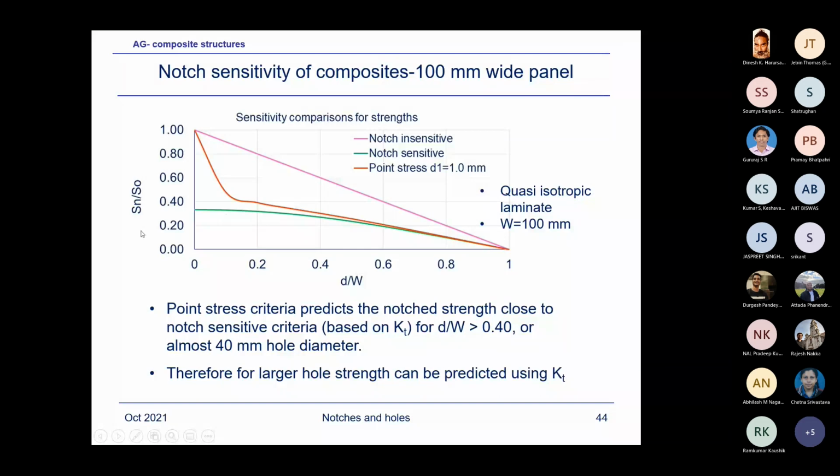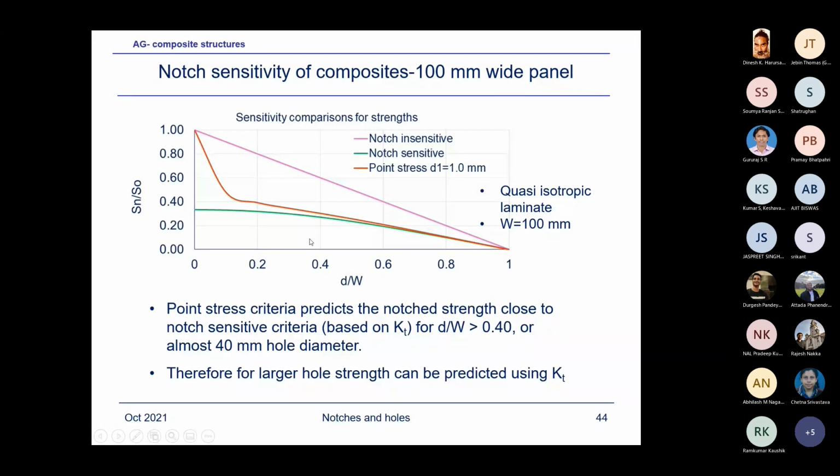Sn upon S0 is the ratio of the notched strength and unnotched strength. For a quasi-isotropic laminate this will be 1 upon 3, which is 0.33. But because of the finite width correction factor, it will keep on dropping. So this is based on KT.